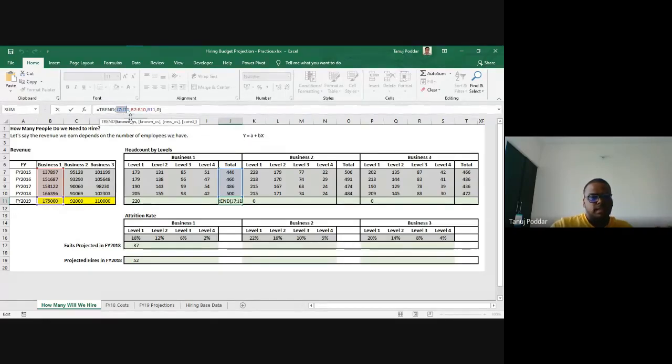The trend that I'll get is based on the headcount I already had over the last 4 years, and the revenue for which I had that headcount. So my known y's are the previous headcounts, and the known x's are the revenue for those four corresponding years.